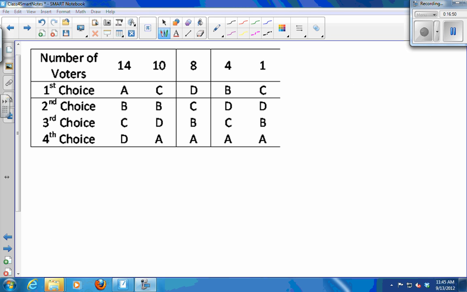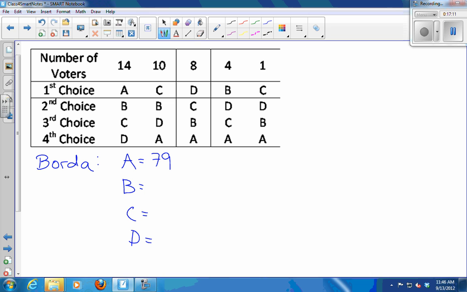Okay, let's discuss some of these together. So for Borda, we already carried out Borda once, right? A, B, C, D. A had 79, B had 106, 104, and 81.